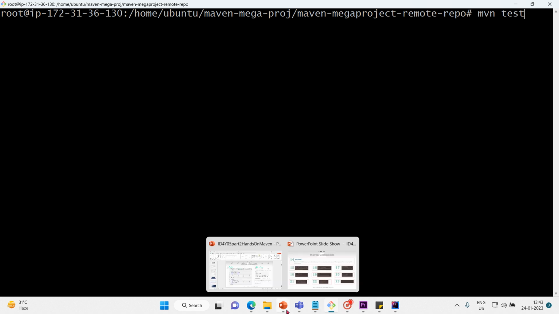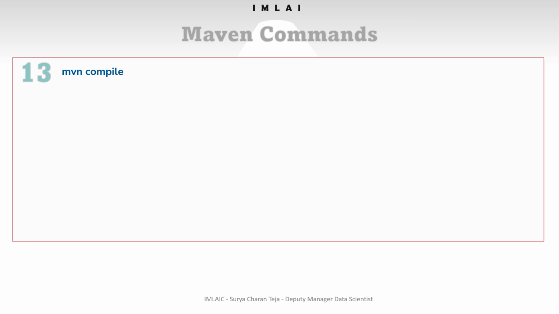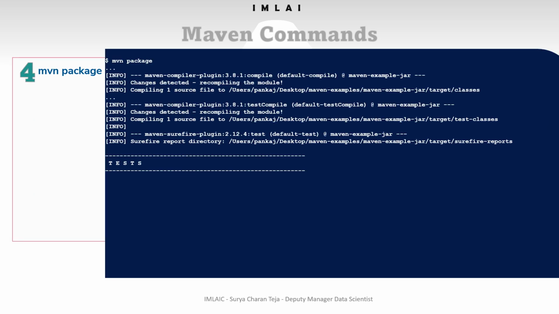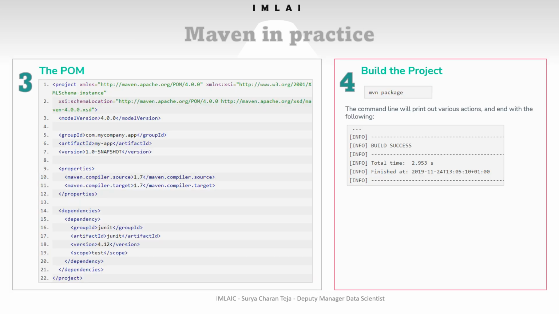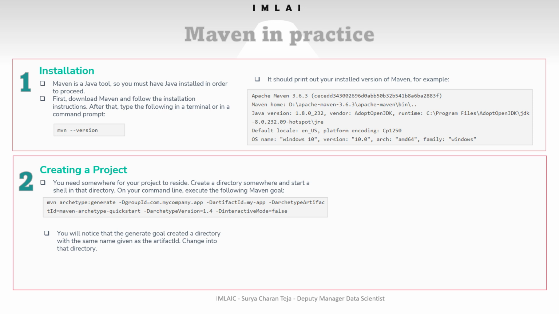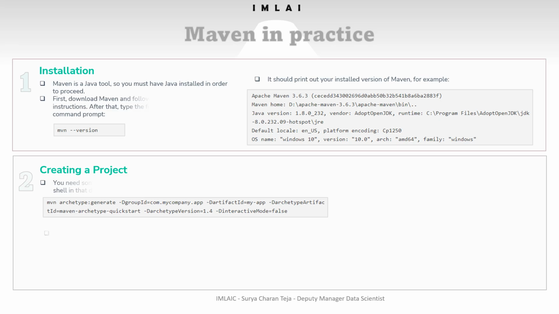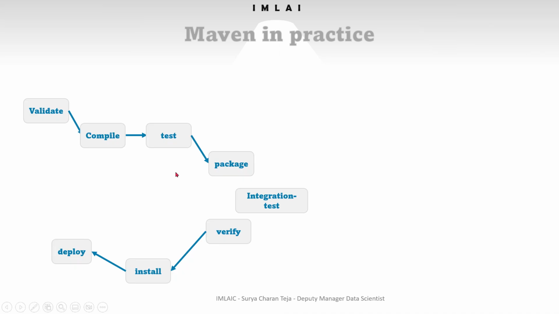Let me get into the phases also so that it would be clear for you. I'll show you the phases one by one. Yeah, here it is. Test phase is after validate and compile.